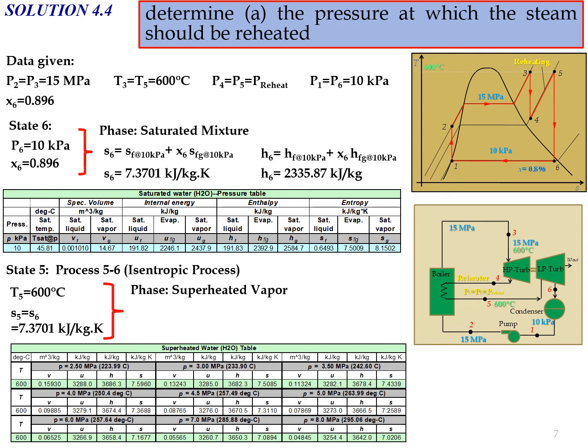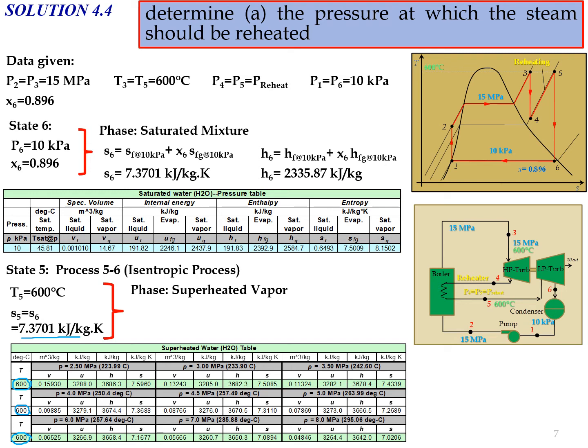So we look into the superheated water table at 600 degrees Celsius and look for the entropy value of 7.3701.